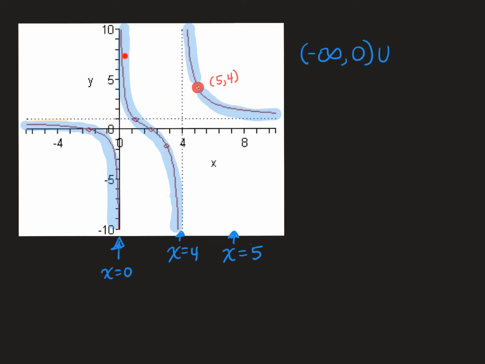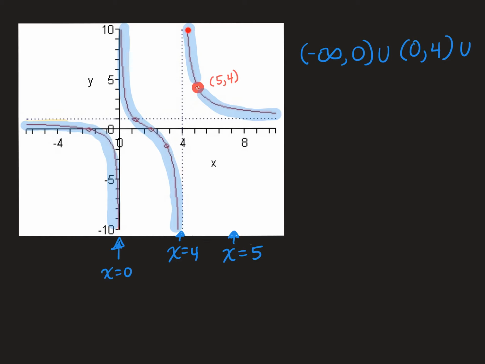So I can trace between 0 and 4 without picking up my pencil. So the next part of my domain is from 0 to 4. Again, parentheses, not brackets, because we're not including 0 and 4. And then we'd have another union symbol. And then we think about the next chunk of the graph between places where I pick up my pencil.